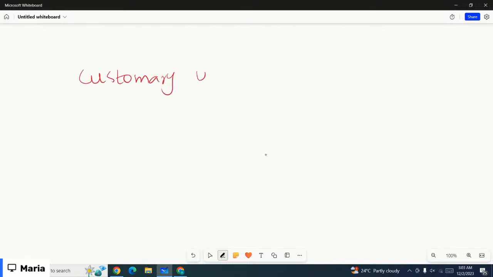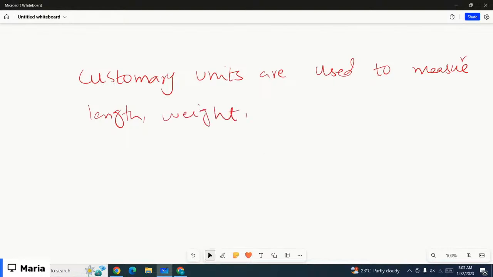Customary units are used to measure length, weight, capacity, and temperature, right?